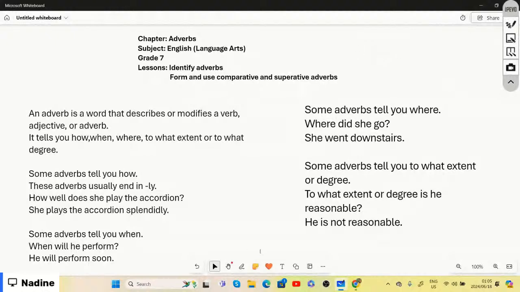The lessons that we're going to be focusing on today under the chapter of adverbs are to identify adverbs, so we're going to be identifying adverbs today, and to form and use comparative and superlative adverbs.